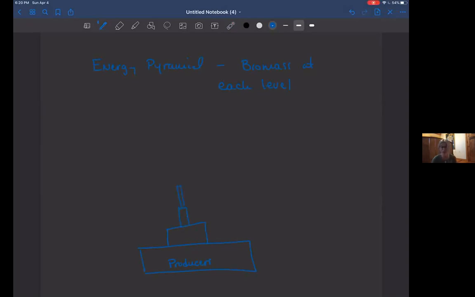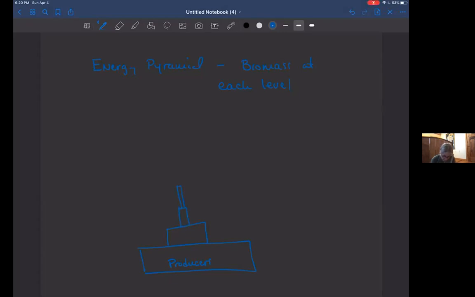Now, generally, I've drawn these probably too big, because generally in an energy pyramid, only about 10% of the energy gets transferred. The rest is lost to the environment, and we cannot obtain it back because it is poor quality energy.